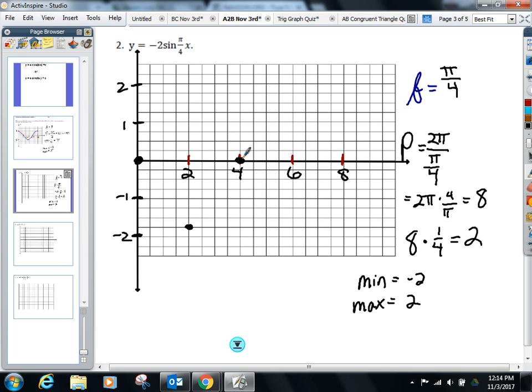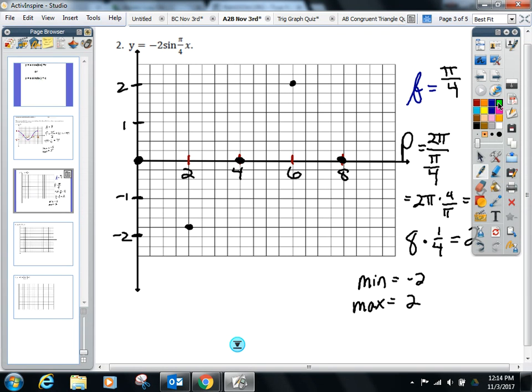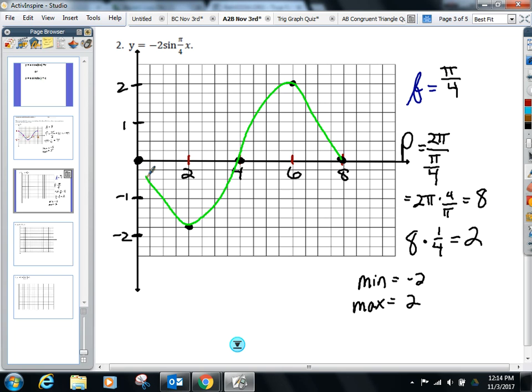Usually at this point on your curve it would go to its minimum, but we're going to flip it and go to its max, which is 2. And then where's this going to end? At 0. There is your sine curve for this one.